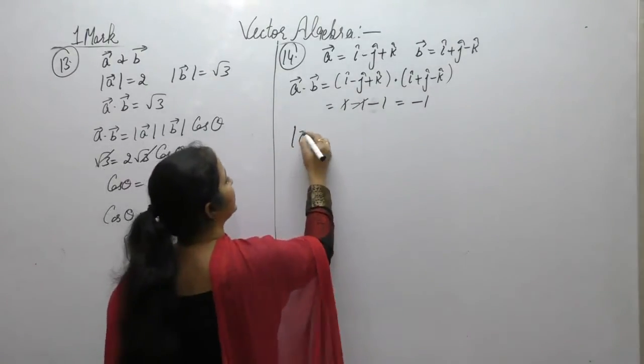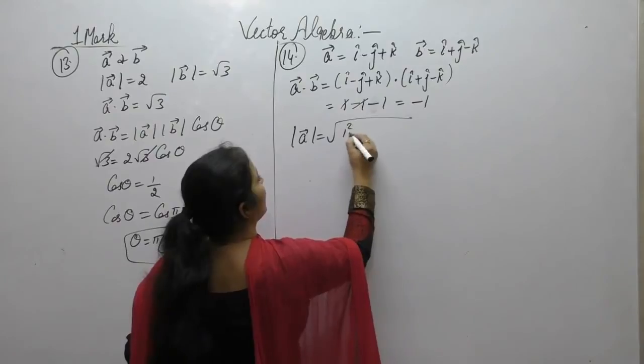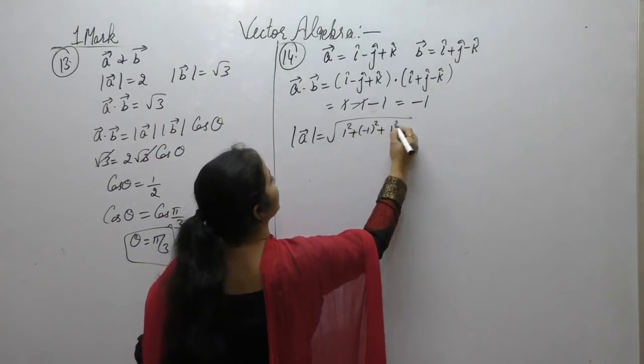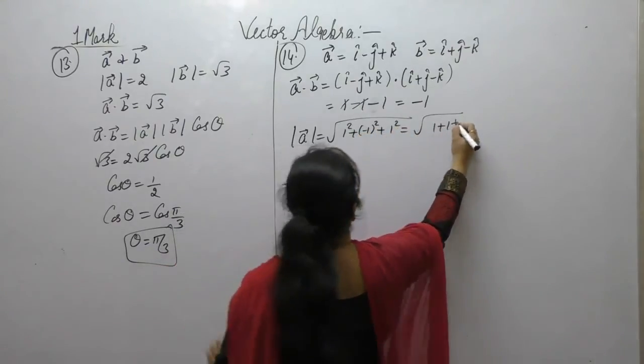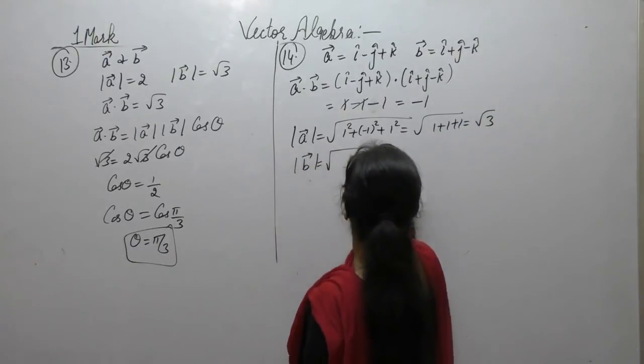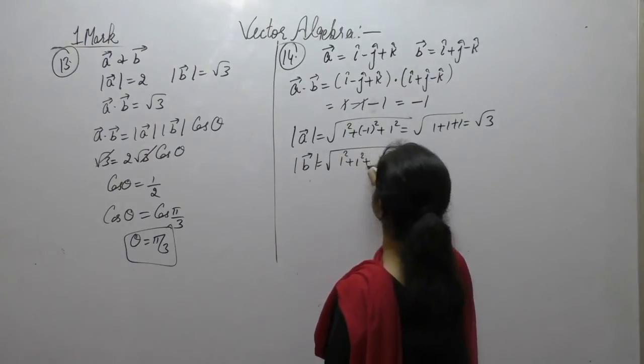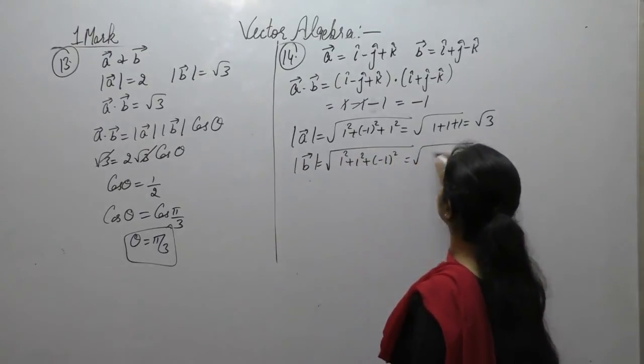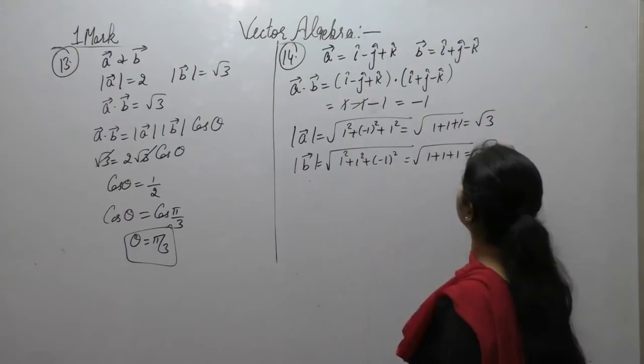Now find the magnitude of vector A: 1 square plus minus 1 square plus 1 square, that is square root of 3. Magnitude of vector B: 1 square plus 1 square plus minus 1 square, square root of 3.